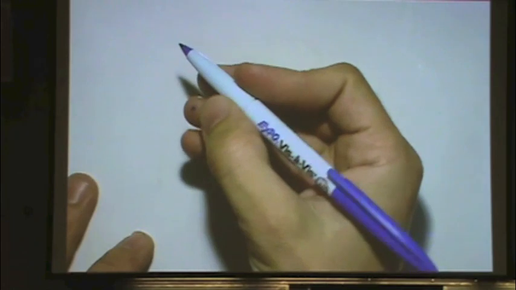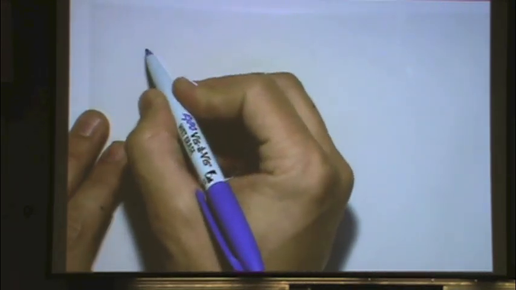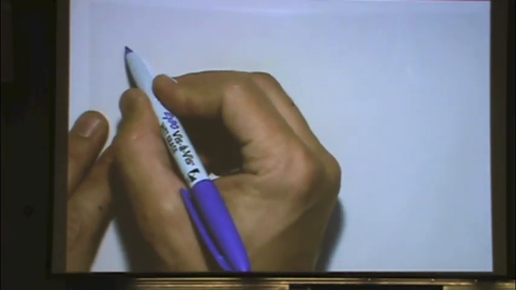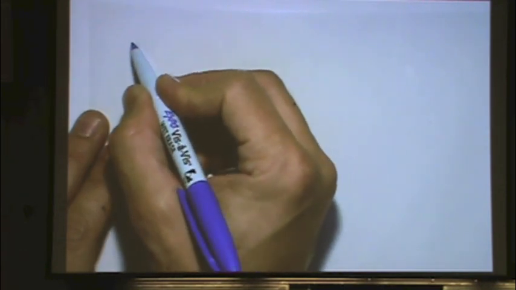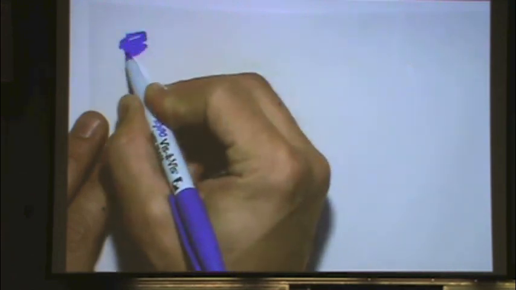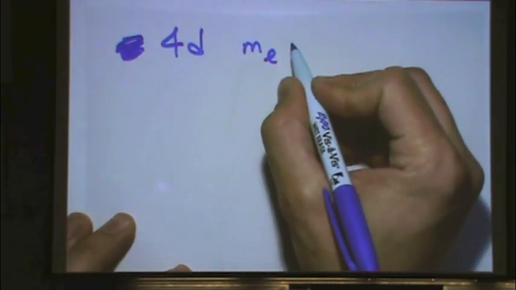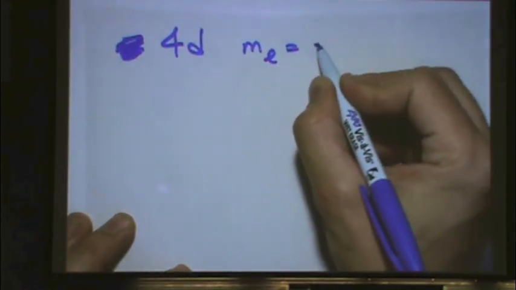So there are a couple of ways that quantum numbers rear their beautiful heads. One is, let's say we have a 4D orbital with m sub L equals -3.